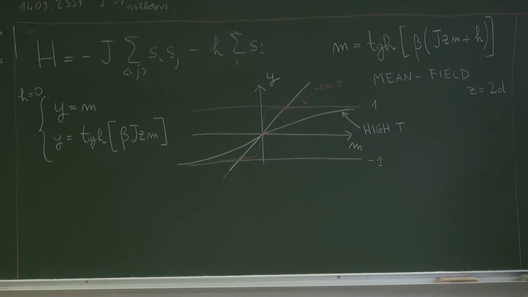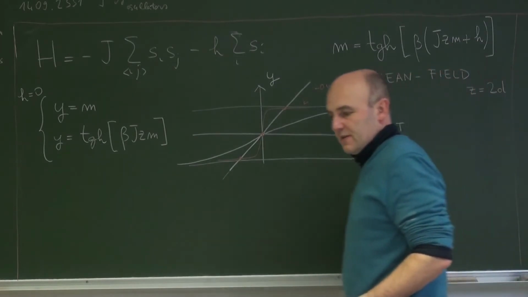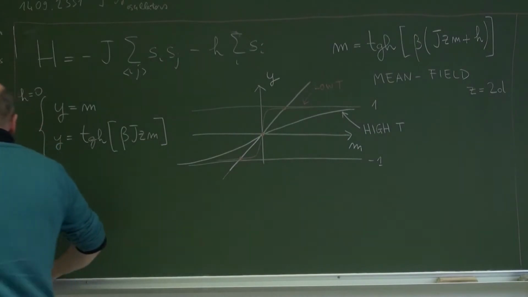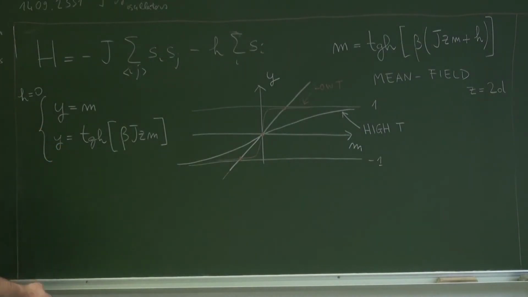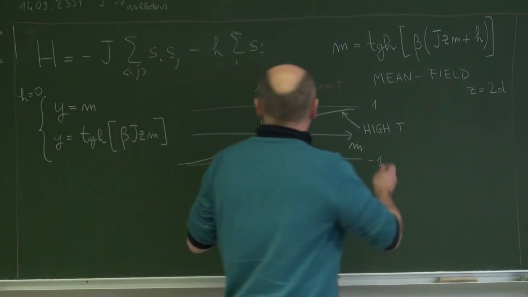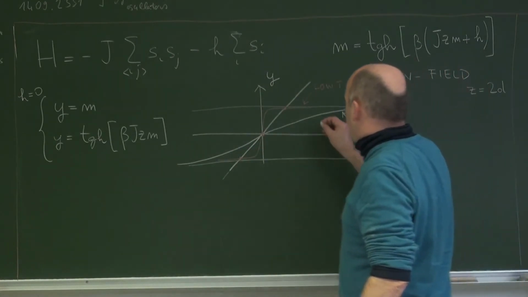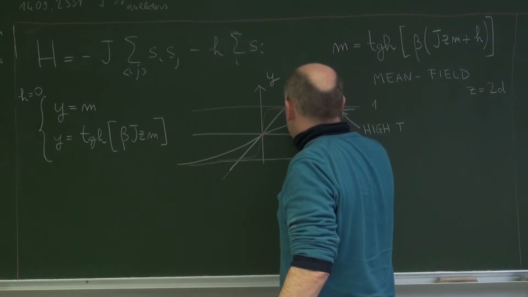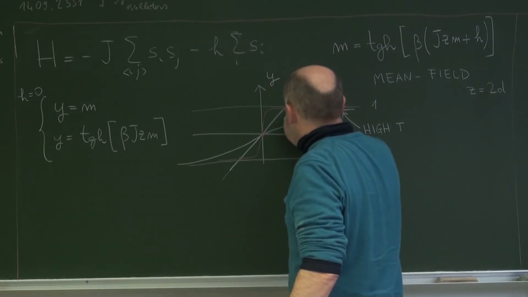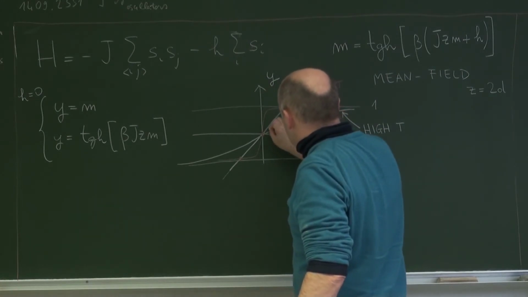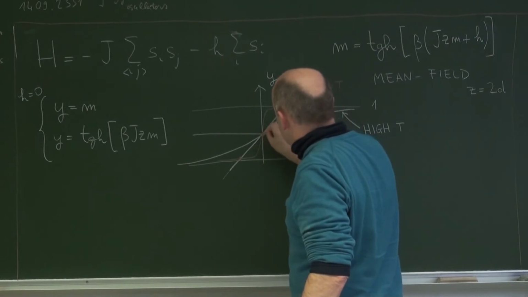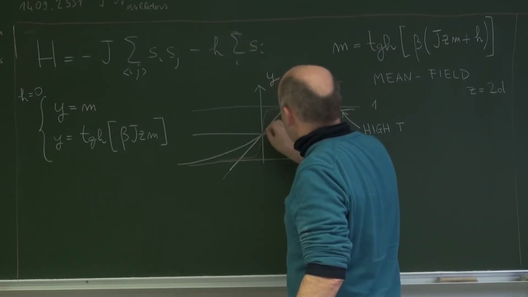Now you can ask yourself, there will be a critical temperature in our problem, and this is the temperature that separates these two low and high temperature phases. And what is the critical temperature? It is the temperature that corresponds exactly to the situation where this curve is tangent to the diagonal.